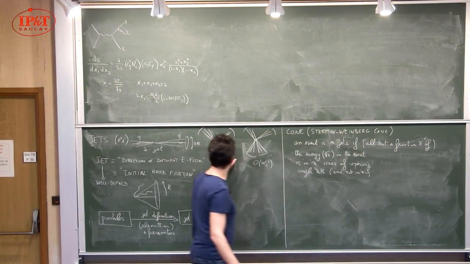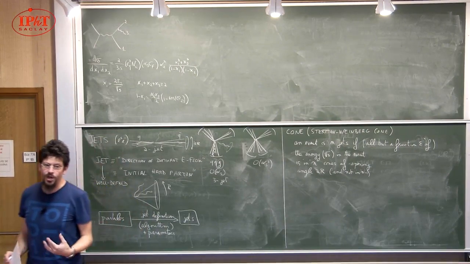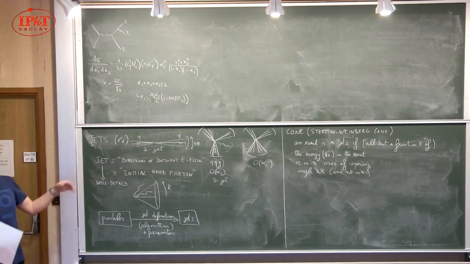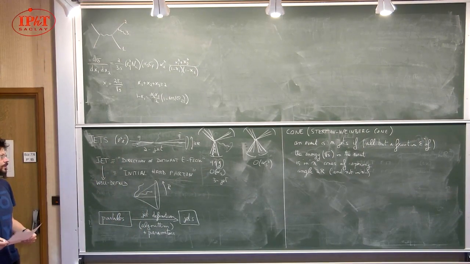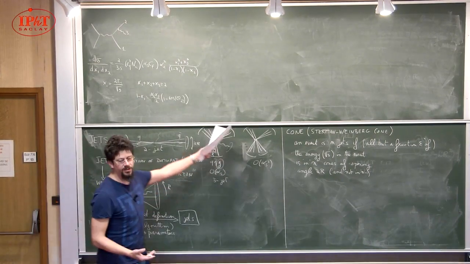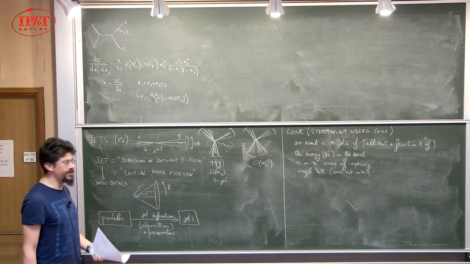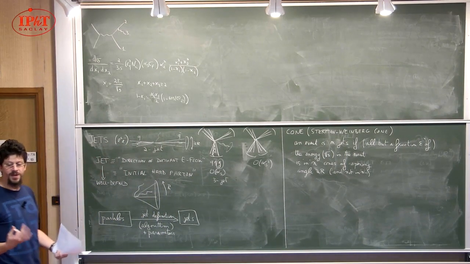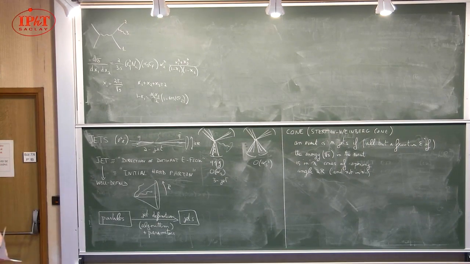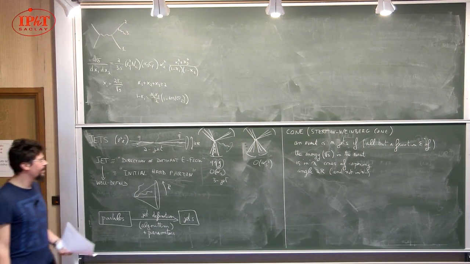So once this emission becomes soft, that does not require an additional jet, and so the number of jets in the event is going to stay the same. So this checks at least the basic requirements that the definition is infrared and collinear safe.